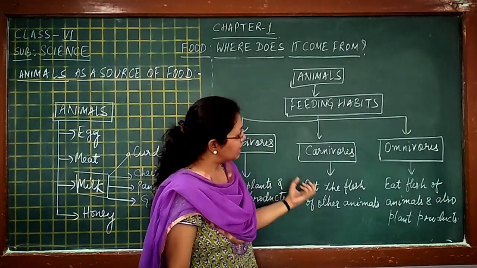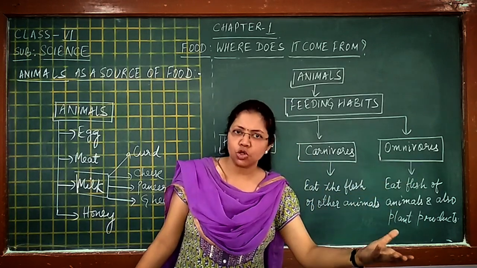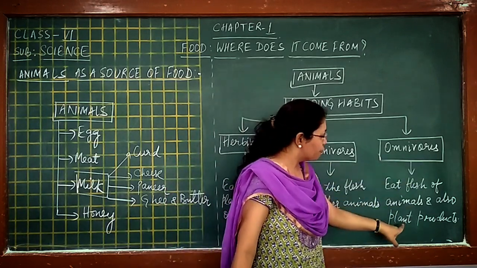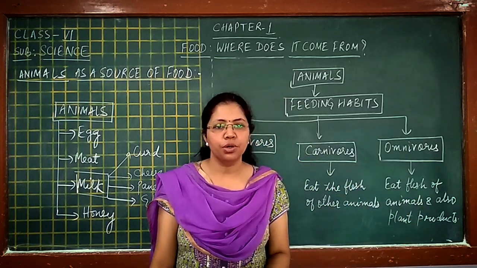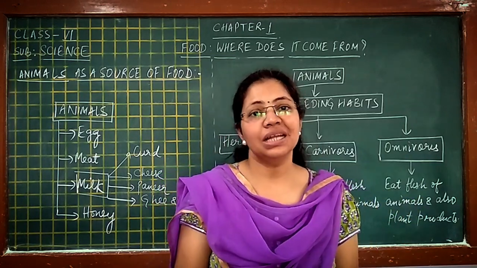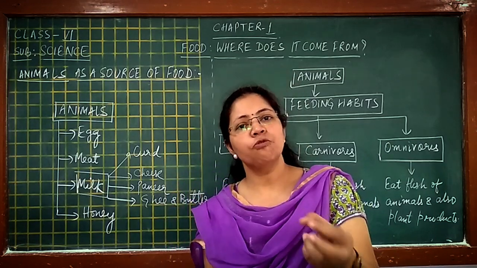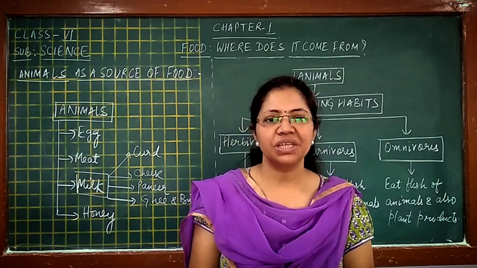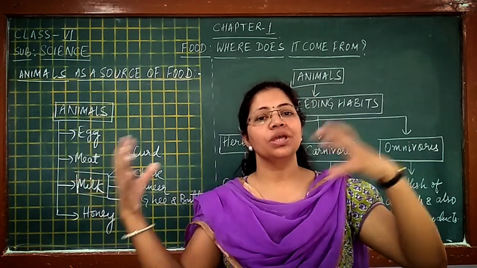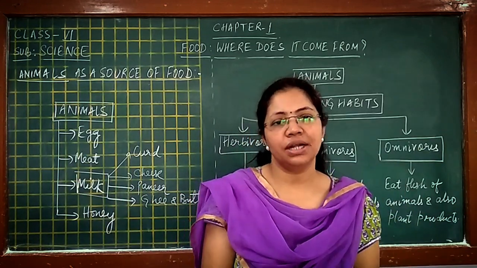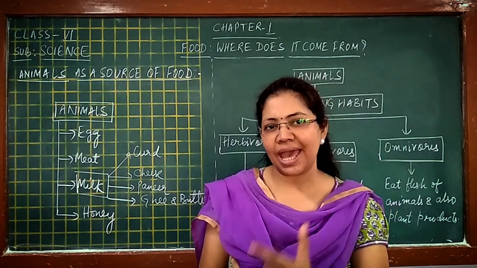Means they eat the flesh of other animals, and they also feed upon plant products. Say for example, cat. You might have seen that a cat also feeds upon milk. It can also eat roti or chapati, and it also eats its favorite diet, that is a mouse. Right? Similarly, a tiny ant.